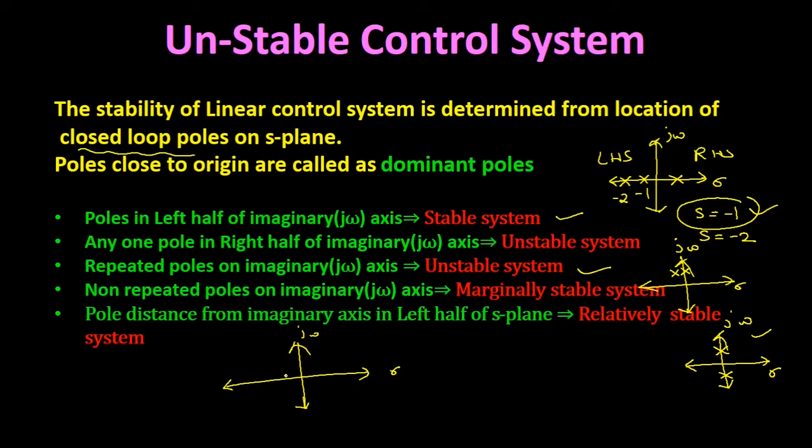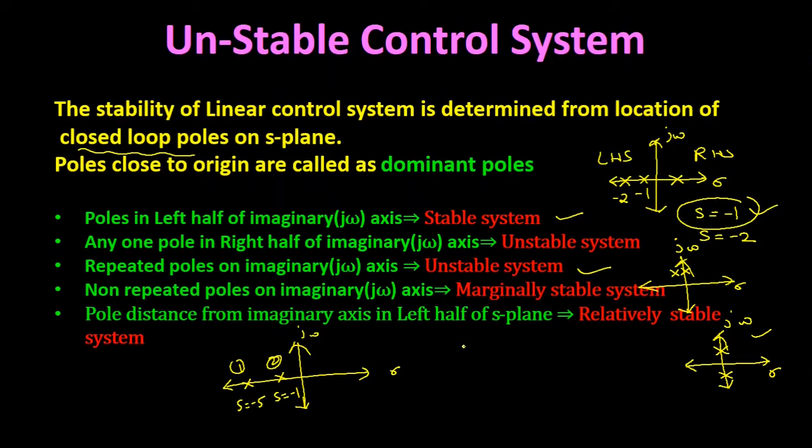Like for example, one system has pole at S is equal to -5 and another system has a pole at S is equal to -1. So here we can see that the distance of the pole of the system number 1 from the origin is more as compared to the distance of the pole of system number 2.